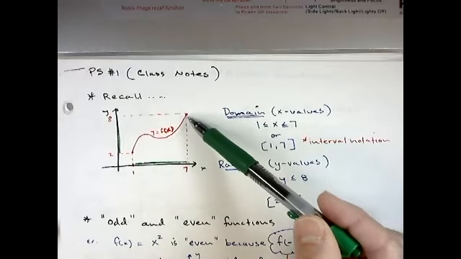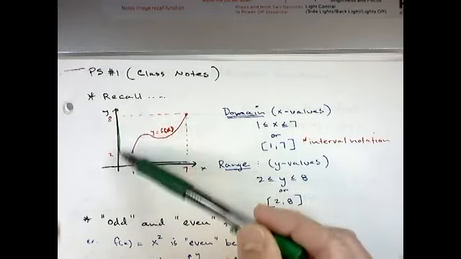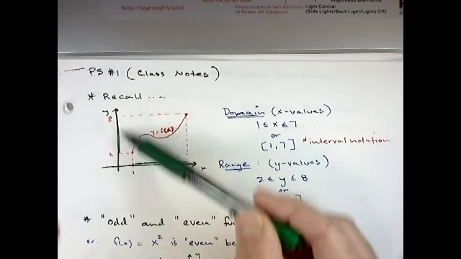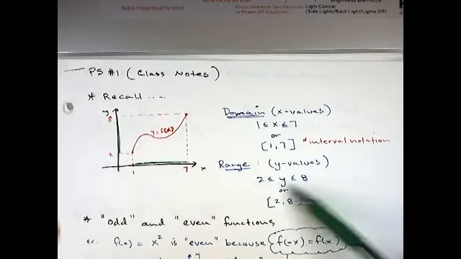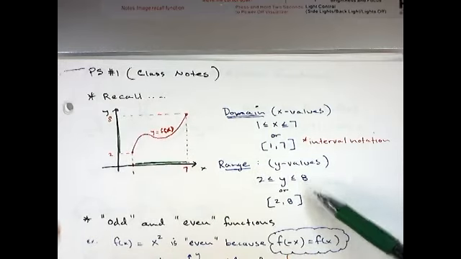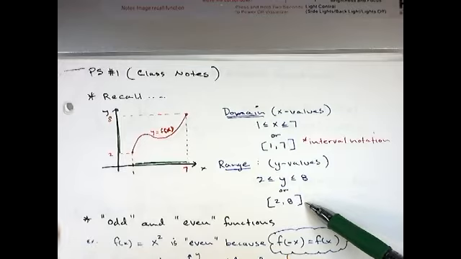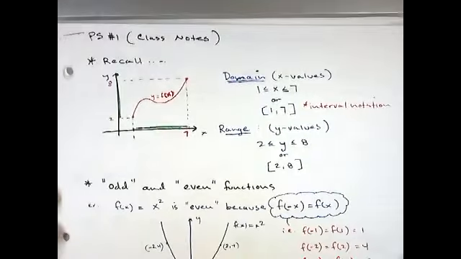Similarly, you can imagine smashing this graph into the y-axis, and you would see something everywhere on the y-axis between 2 and 8. So there's your range, and that's what it looks like in interval notation.